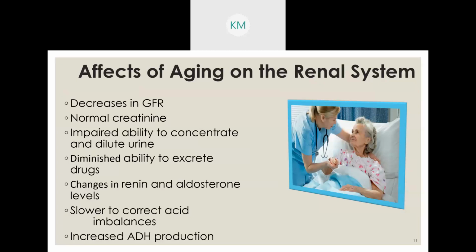All right, now fluid and electrolyte abnormalities often occur as well. It's a result of the decreased renin and aldosterone levels. Renin levels can decrease anywhere from 30 to 50% in older adults, resulting in decreased angiotensin II production and lower aldosterone levels. So think back to the cascade we were talking about.